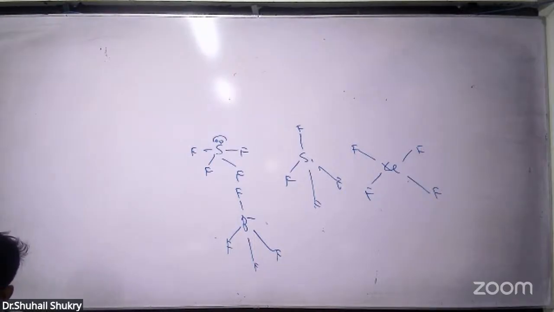IO3 minus is pyramidal, XeO3 is also pyramidal, same. So the first one is the answer. You have a problem in that.